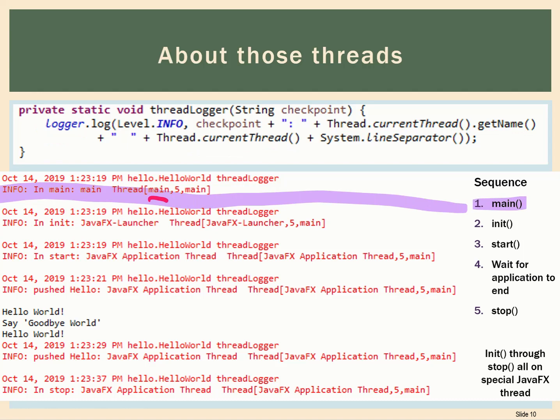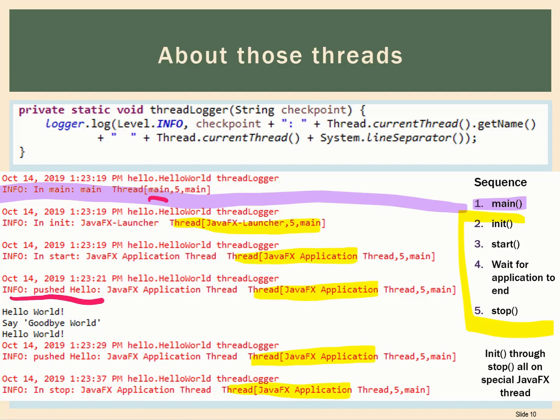But then I move to init all the way down to stop, and when I'm in this area you can see that my thread is the JavaFX launcher the entire time, including when I was pushing buttons.